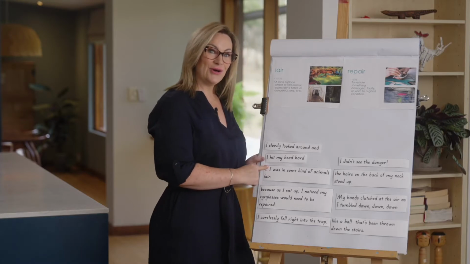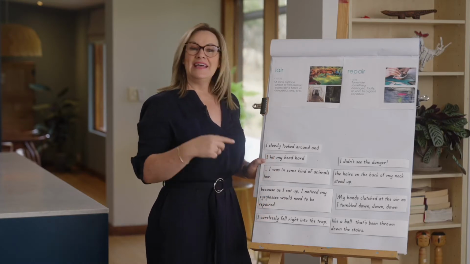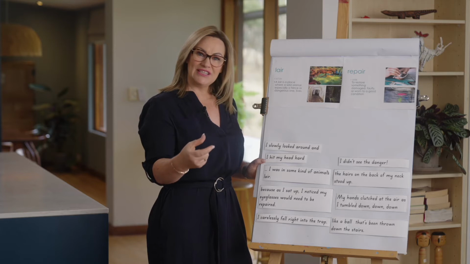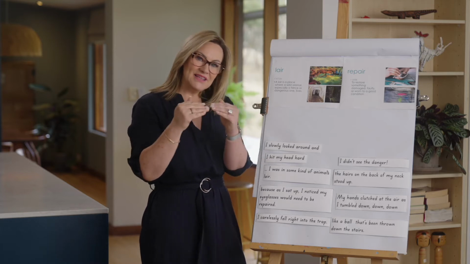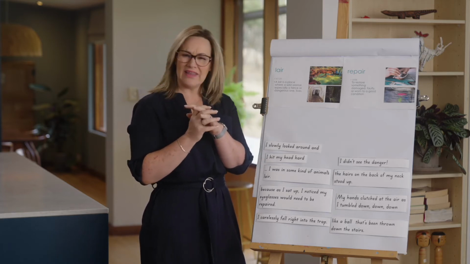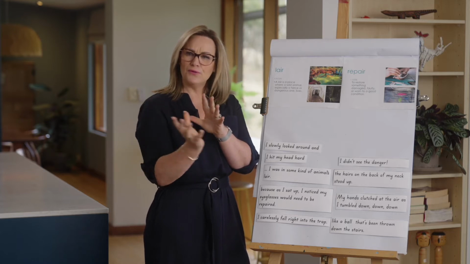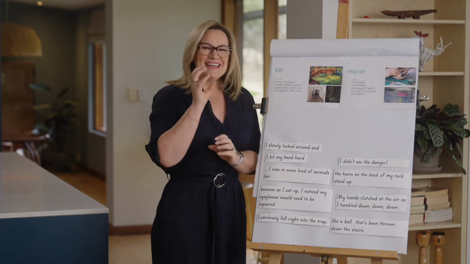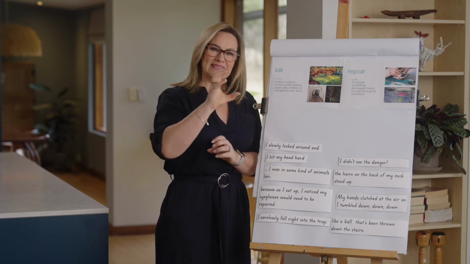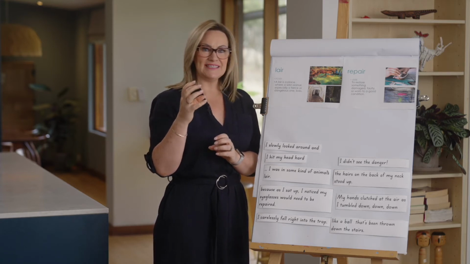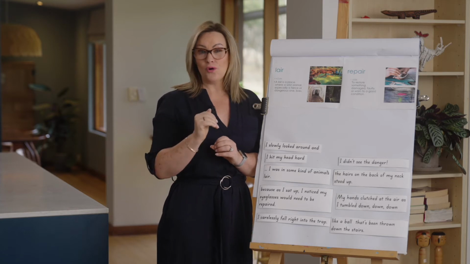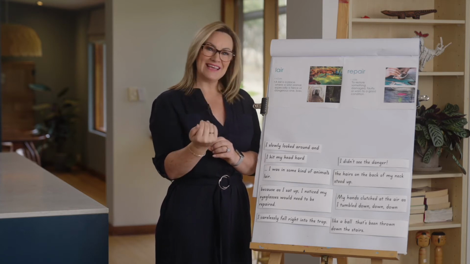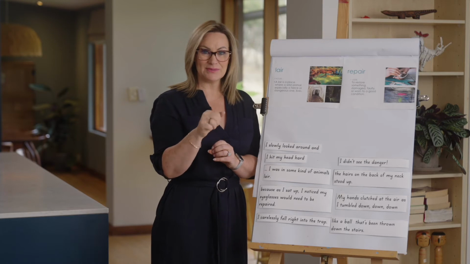Okay, how did you go with reading through? Did you start to see and notice parts of these sentences that work together so they form a full sentence? Did you start to piece these into sentences in some kind of order? What do you think this story starts with?